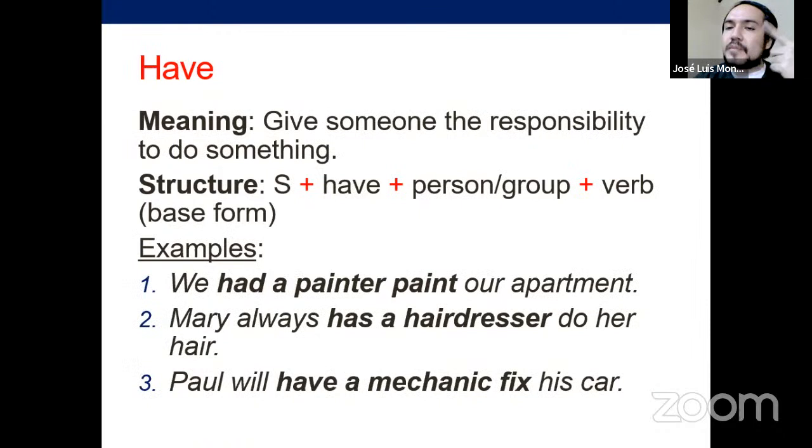Have, if you're paying someone to do something for you, for example, I always have a hairdresser, an architect, an engineer, any professional do something for me. Base verb, base verb.